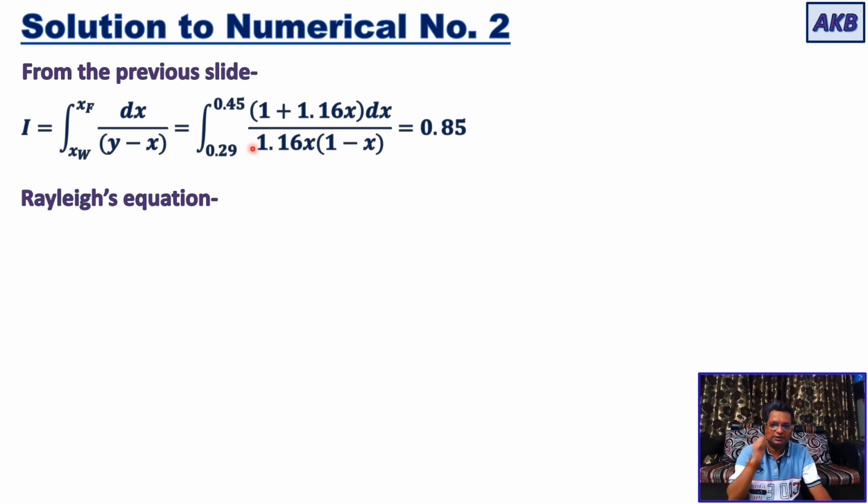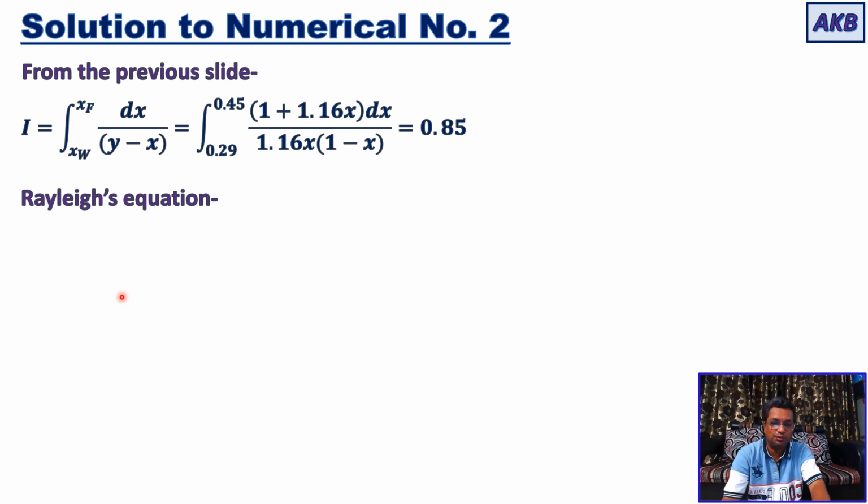So after using the formula, the integral value of the integration from xw to xf of dx upon (y - x), which is integration from 0.29 to 0.45 of (1 + 1.16x) divided by 1.16x(1 - x) dx, comes out to be 0.85.